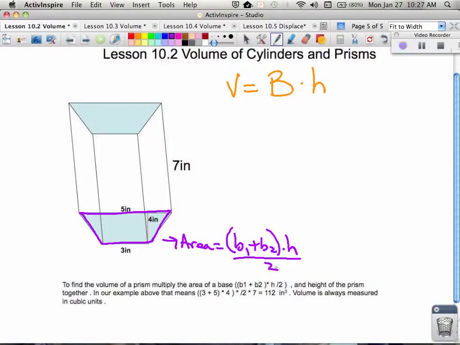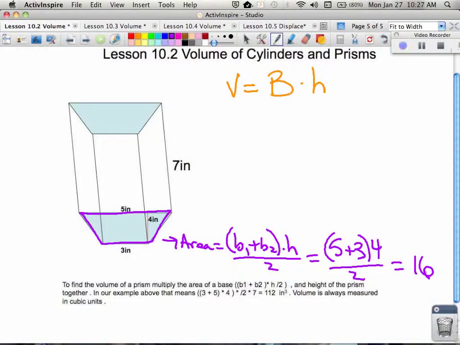And in our particular example here, just looking at that trapezoid outlined in purple, base 1 was 5, base 2 was 3, put that in parentheses, the height of the trapezoid itself was 4, and then divide everything by 2. So 5 plus 3 is 8, 8 times 4 is 32, and 32 divided by 2 is 16, so the area of that trapezoid was 16.